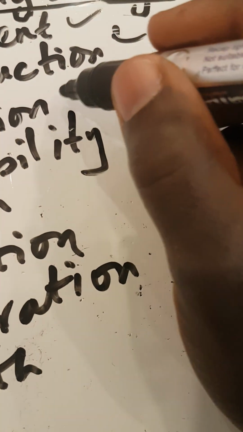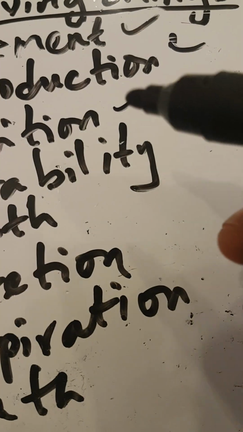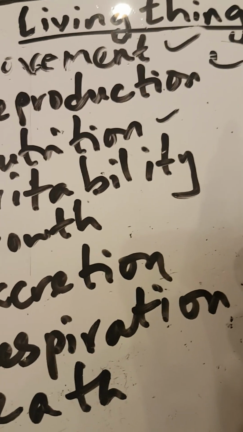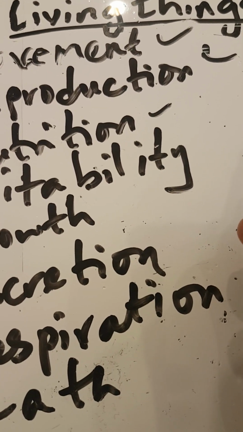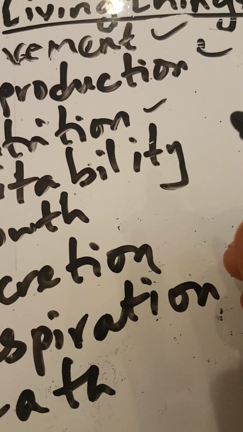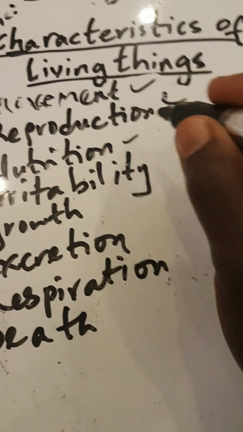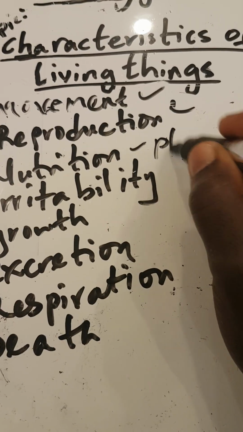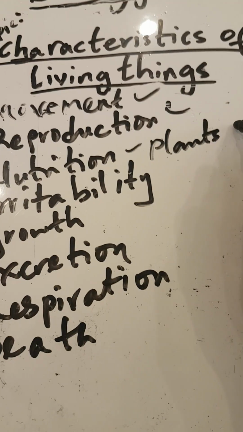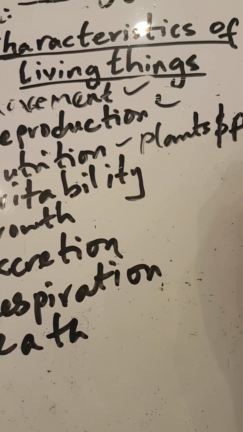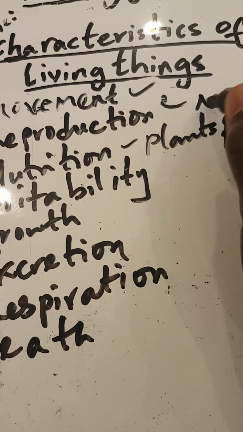So the third one, which is nutrition. Nutrition has to do with food. Of course, living things have to eat. Without food, they can't survive. So animals feed on both plants and flesh. That is what animals feed on.